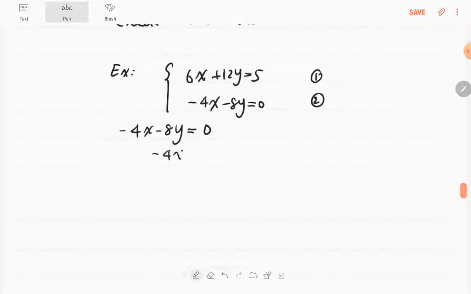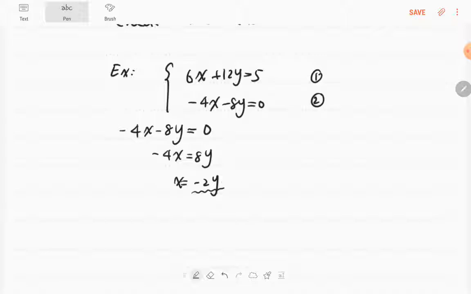So we will get negative 4x equal to 8y. Then x is equal to negative 2y, okay? Then we should use this expression to replace x in the other equation, because we already used equation 2, right?